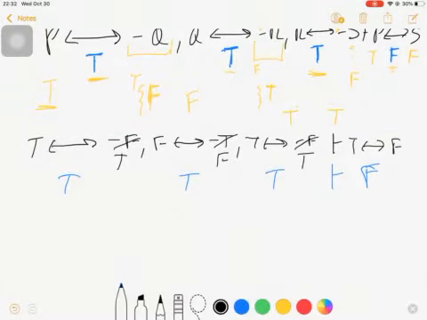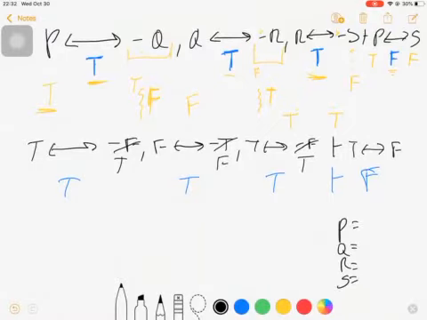As such, we can assign P, Q, R, and S the following values. P is T, S is F, R is T, and Q is F.